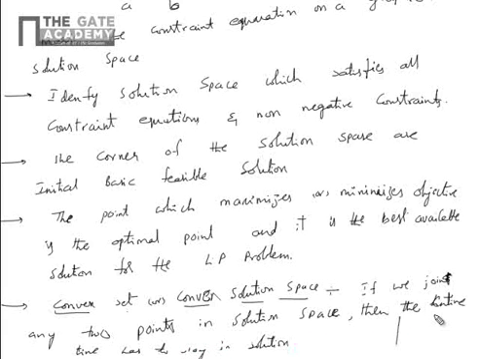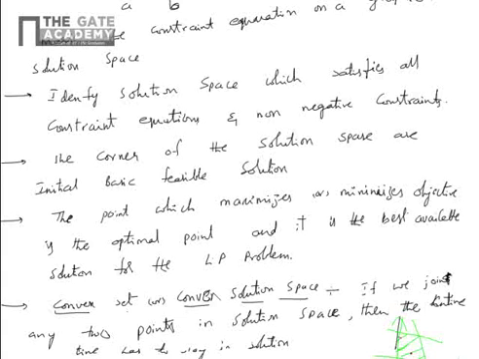It is called convex. For example, suppose there is a solution set with two constraint equations. This is the area of the solution set, and in this I am drawing 2 points.